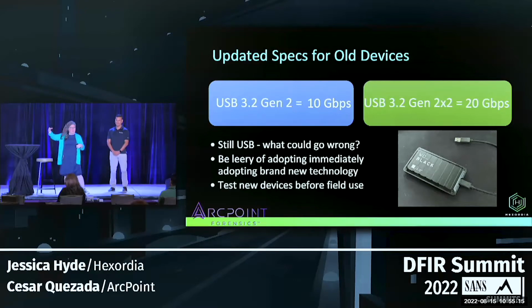It is backwards compatible, and you'll be able to image completely and normally with a USB 3.2 Gen 2 receiver. However, if you are those fancy labs and you are like, woohoo, I got the speed, and you really only get that speed when you're matched, guess what happens when you're matched with this new technology?